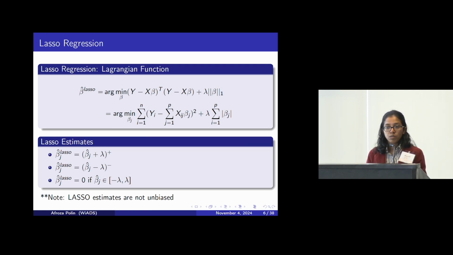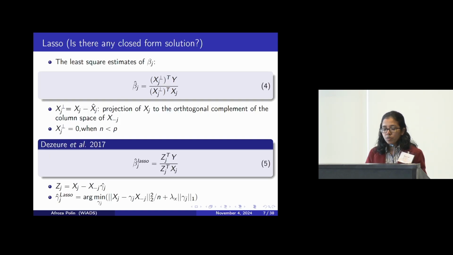I said, yes, lasso did some great job, but it is biased. So we were trying to remove that bias from the lasso. So we write lasso using the orthogonal projection on the complement of x. That means you remove the jth variable from the data and project j on the other variables. And for lasso, we cannot actually do that one.